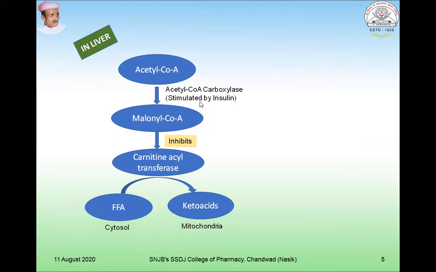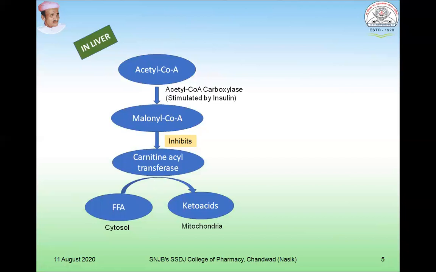Insulin stimulates fatty acid synthesis enzyme, the final step in fatty acid synthesis. It also stimulates acetyl-CoA carboxylase, as you have seen here, by which malonyl-CoA is used as a substrate for the formation of free fatty acid, as it is a rate limiting step.